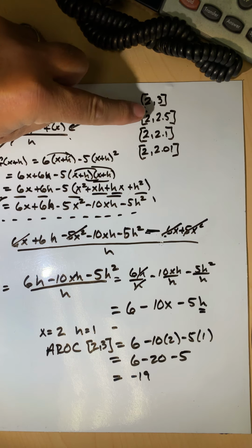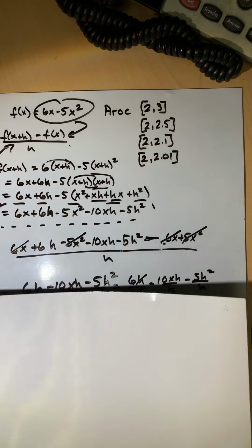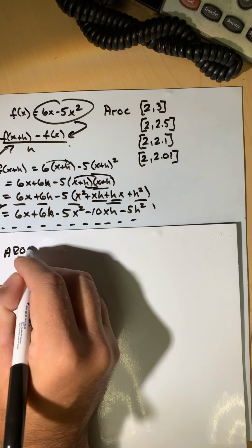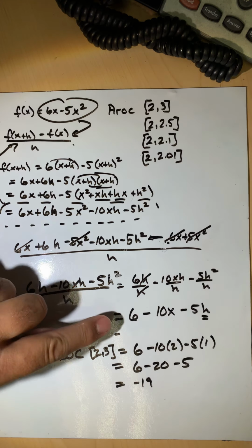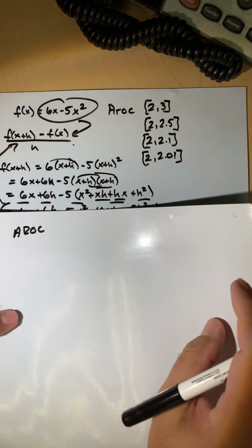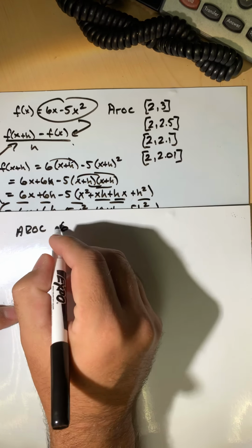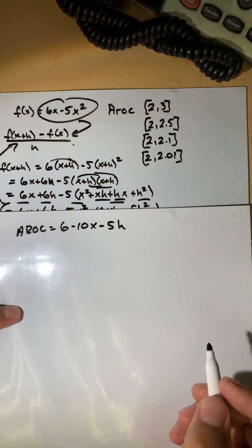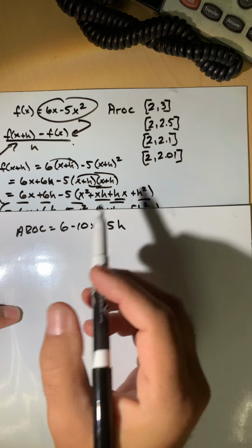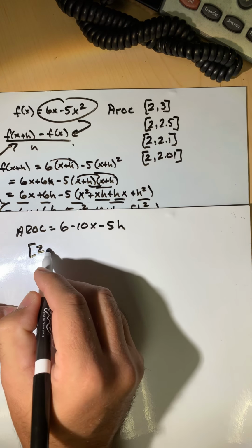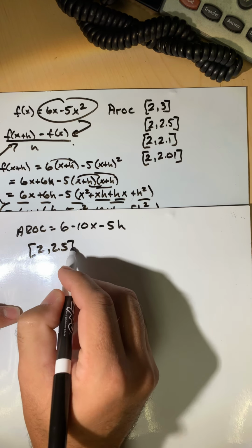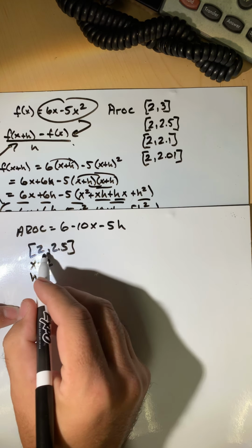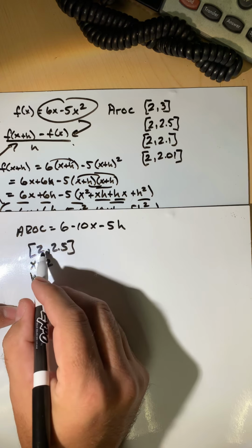for like from 2 to 2.5. All right, so I have to write down the difference quotient formula again. My average rate of change, what was that equal to? That was 6 minus 10x minus 5h. So now I'm going to do this on the interval from 2 to 2.5, right? So that means my x value is 2 and my h value is a half, because that's just the difference between these two, right?